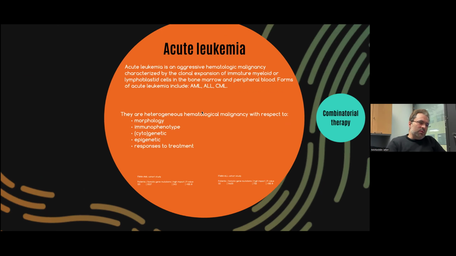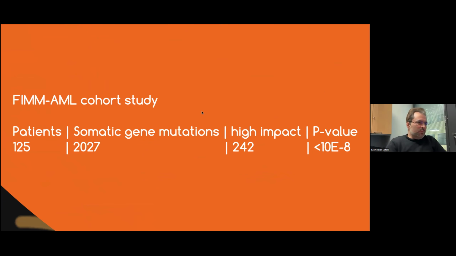As an example, in the FIMM AML cohort study, they collected 125 patients, but there are more than 200 genes with mutations filtered as high impact mutations in those patients.